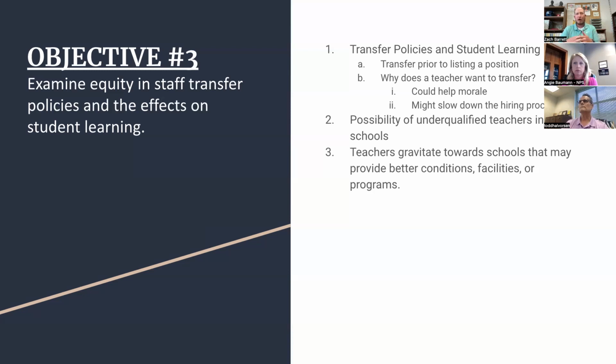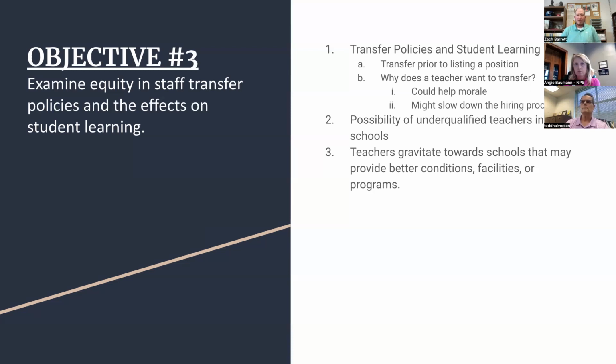I've also seen where it can be a negative towards morale, because there are certain people who want to transfer to a position within the district, and then they don't get that position, but somebody else does. Then they feel it can hurt morale, feeling that maybe certain people were picked as favorites, or had a better connection or whatever. So it can go both ways there.